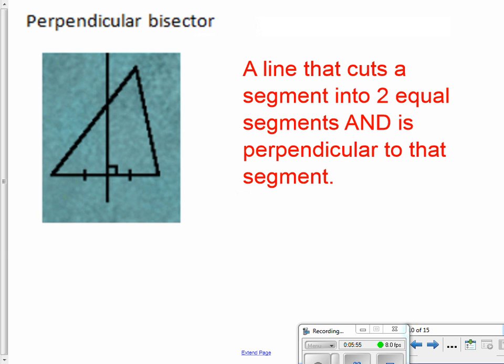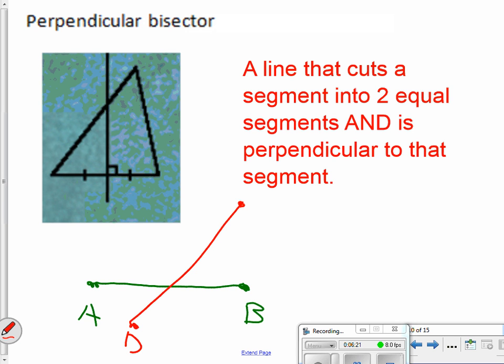A perpendicular bisector is a line that cuts a segment into two equal segments, and it is perpendicular to that segment. So this picture is a little bit darker. I'm going to use my own picture over here. Say we have this line AB, and I have this line starting over here.